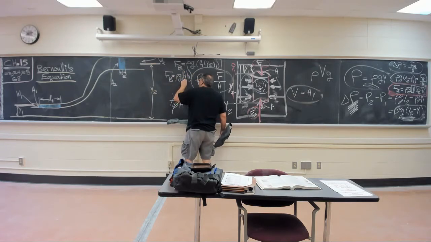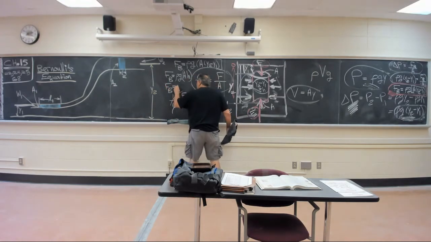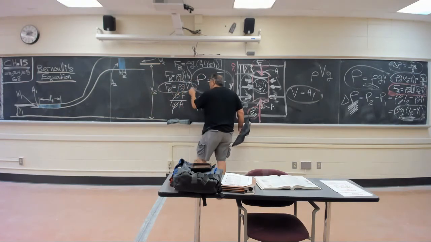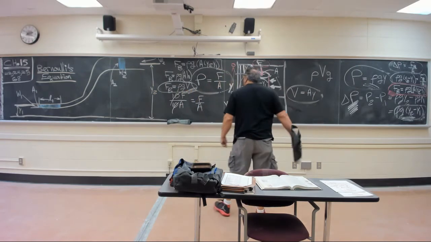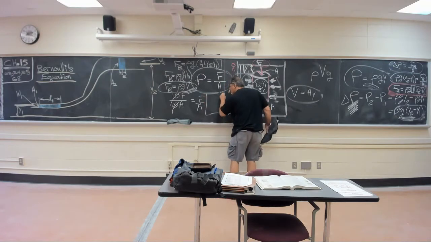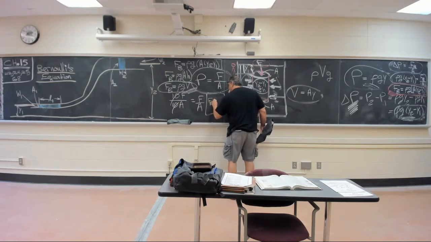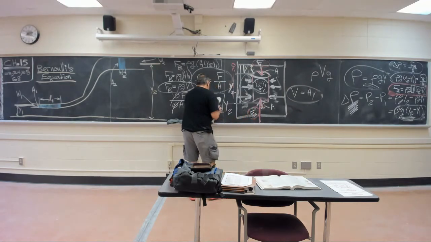Wait a minute. Base area times height is volume. The buoyant force is rho gV, or I think I write it like that, rho gV, or rho Vg.